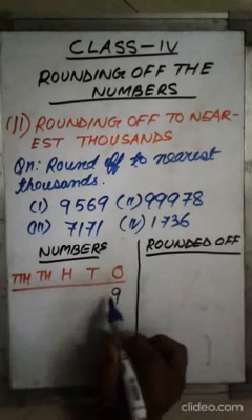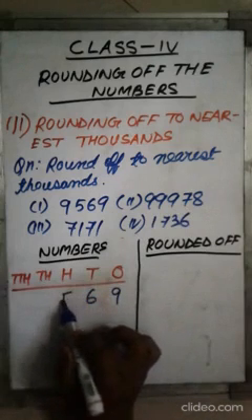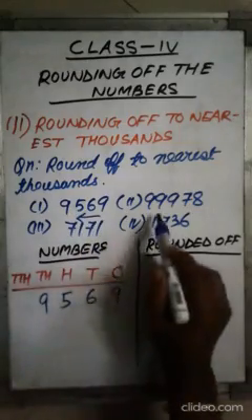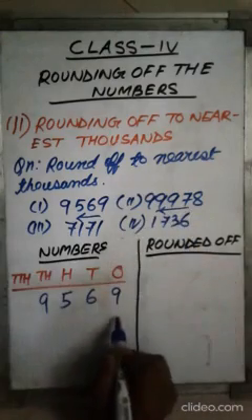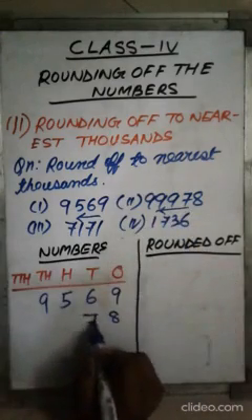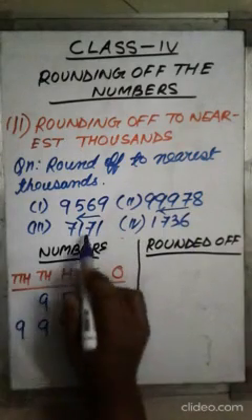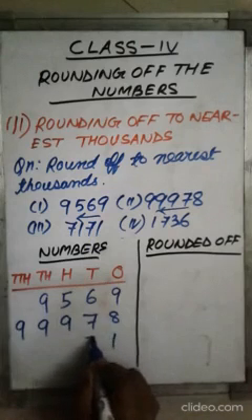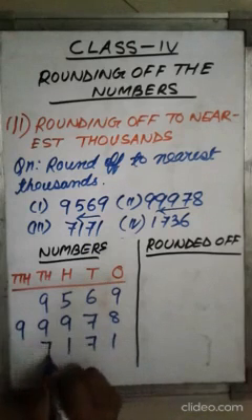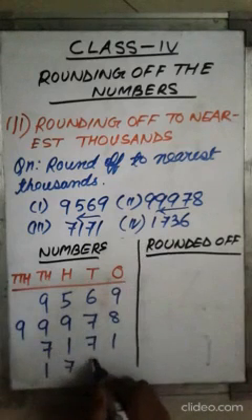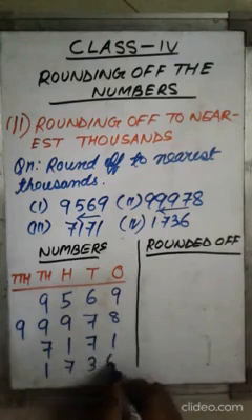The first number is 9, 6, 5, 9, putting the digits from the back side. Then for this 8, 7, 9, 9, 9. For this 1, 7, 1, 7. For this 1, 7, 3, 6.